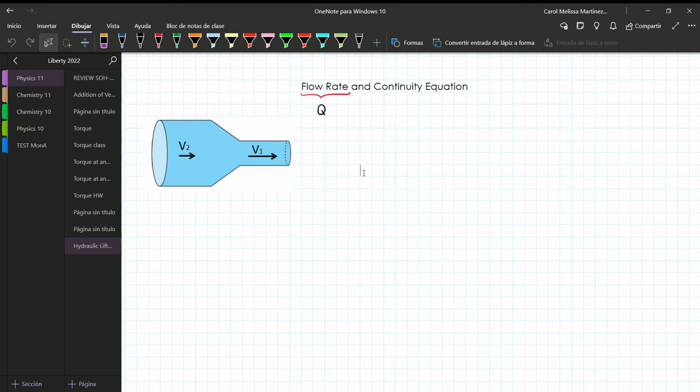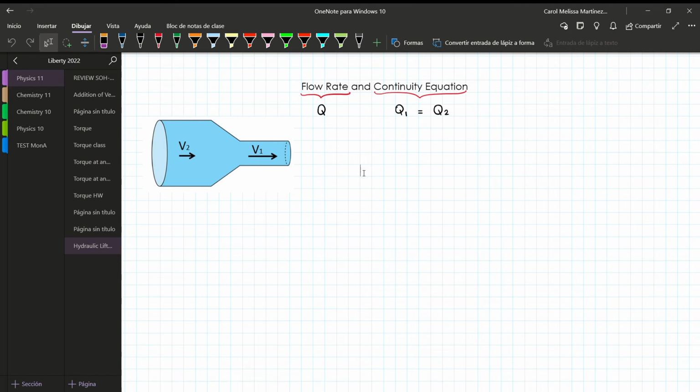Flow rate is going to be denoted by the letter Q, okay? And the continuity equation is this equation that you see over here. That the flow rate in the small side of the pipe is going to be equal to the flow rate in the large side of the pipe.